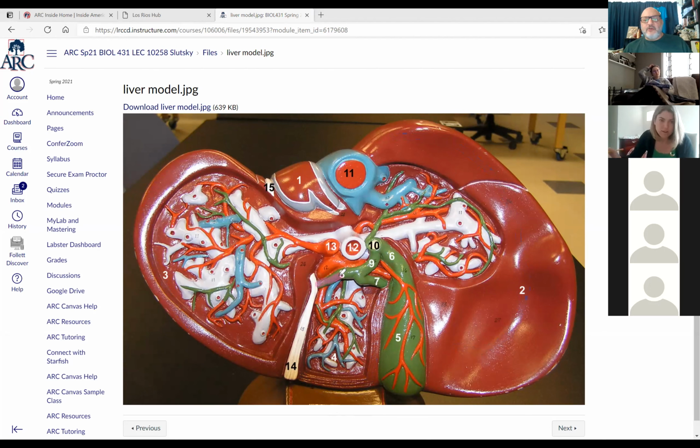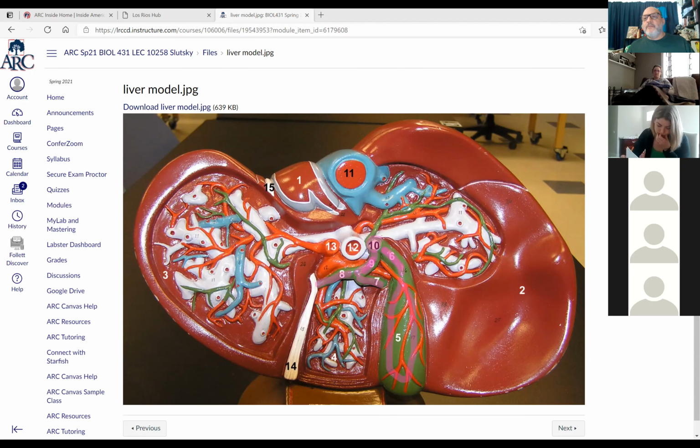Notice this would be the right hepatic, the left hepatic duct coming from the left lobe, the right hepatic duct, which feed into the common hepatic duct, which can either feed into the cystic duct, which feeds into the gallbladder, or the cystic duct and the common hepatic duct can feed into the singular bile duct that is going to carry it out. So notice all 5 of our ducts are located here on this model really, really nicely.